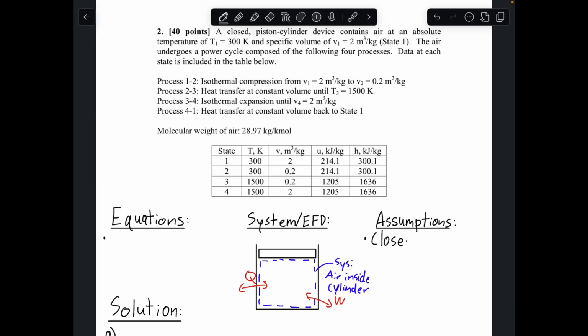Since this system is closed, that means our mass is going to be constant inside the cylinder. So the amount of air in the cylinder is not changing. It's getting compressed as this piston moves down, but the amount of air isn't going to change since this is a closed system. Okay, another one that we typically make is that we have a quasi-equilibrium process.